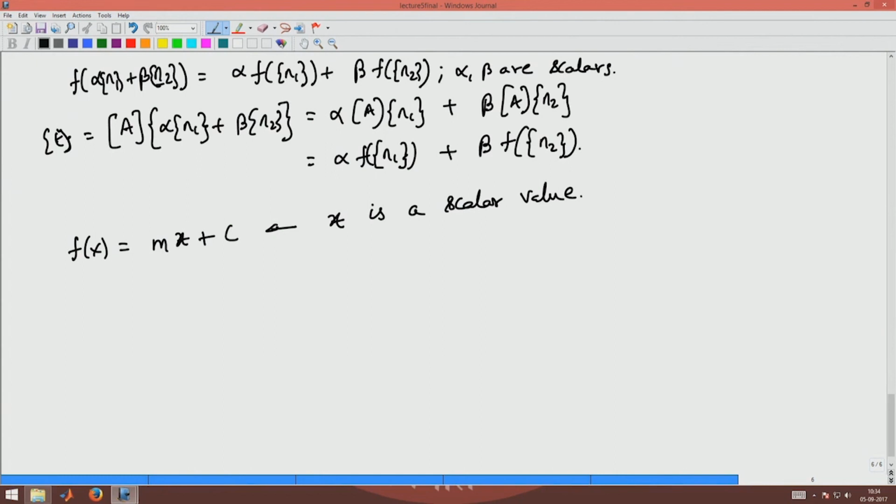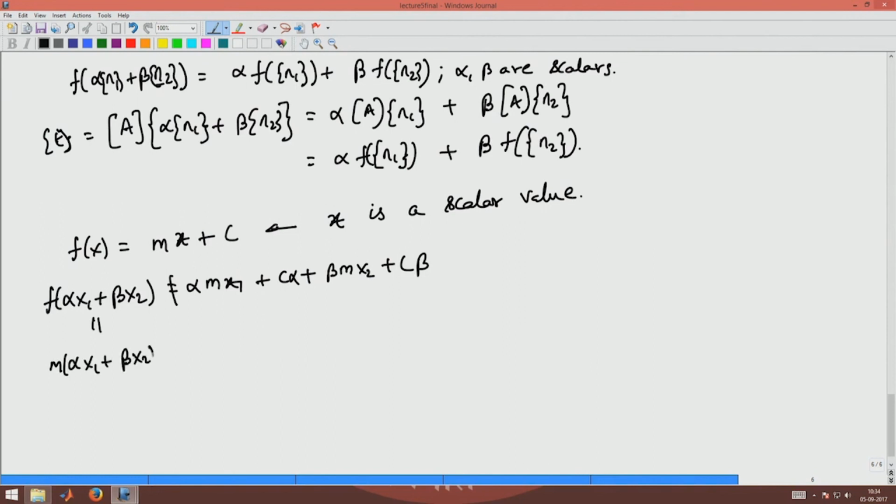You will see that this does not satisfy the requirement. f of alpha x1 plus beta x2 would be m times alpha x1 plus beta x2 plus c, which is alpha m x1 plus beta m x2 plus c.